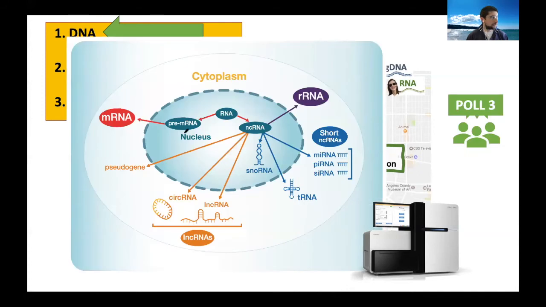Because we have different types of RNAs in our cell. The question I want to ask you is, do you know what RNA is the most abundant in our cells? Yes, exactly, ribosomal RNA. Do you know more or less what percentage of ribosomal RNA we have on average in our cells?